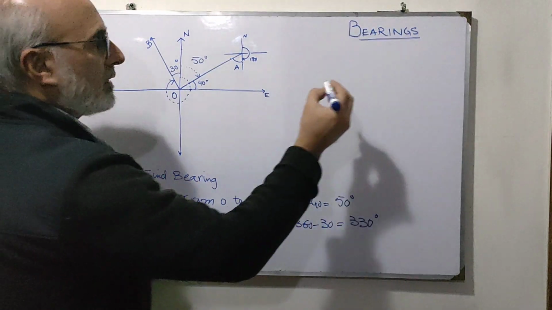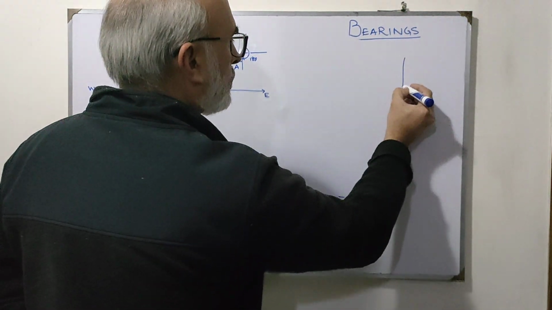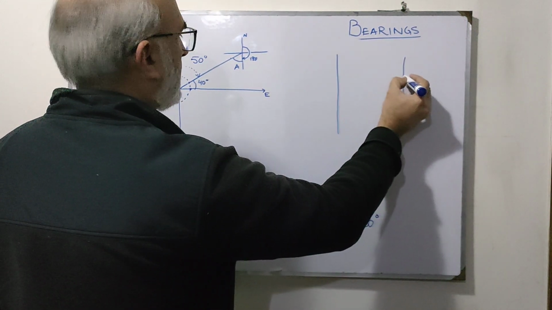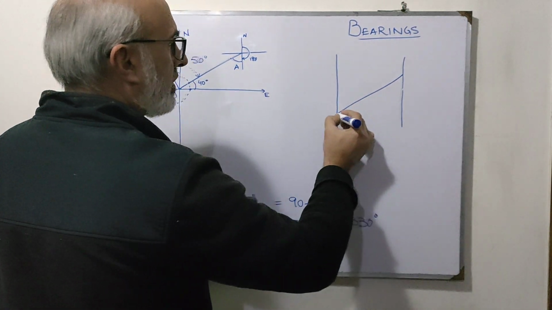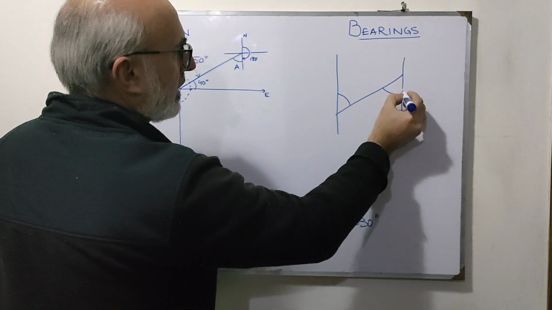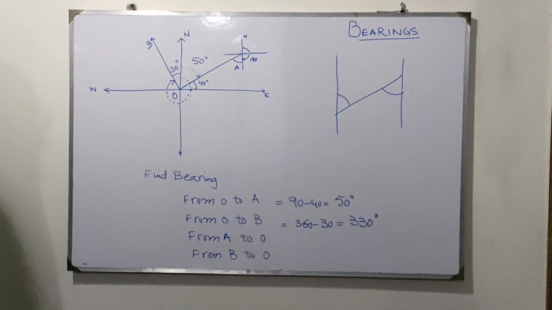For that, if you remember, if we have two parallel lines, straight, and then we have a transversal, then this angle and this angle are the same.